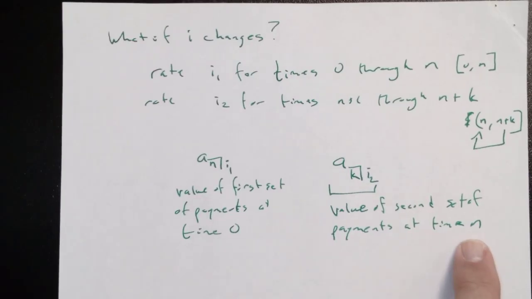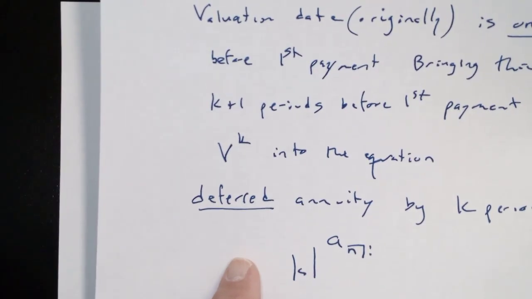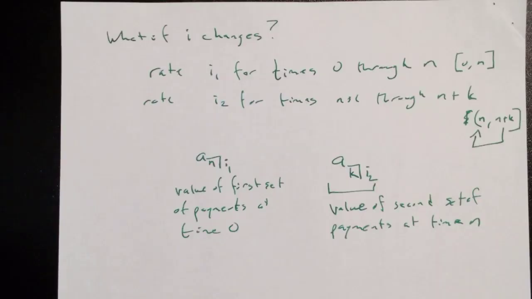I'm bringing this back a certain number of periods, right? Bringing back by periods is a deferral. If I'm bringing back by periods, I need to know how many periods I'm bringing it back. From n to 0 is how many periods? You're counting from 0 to n inclusive.